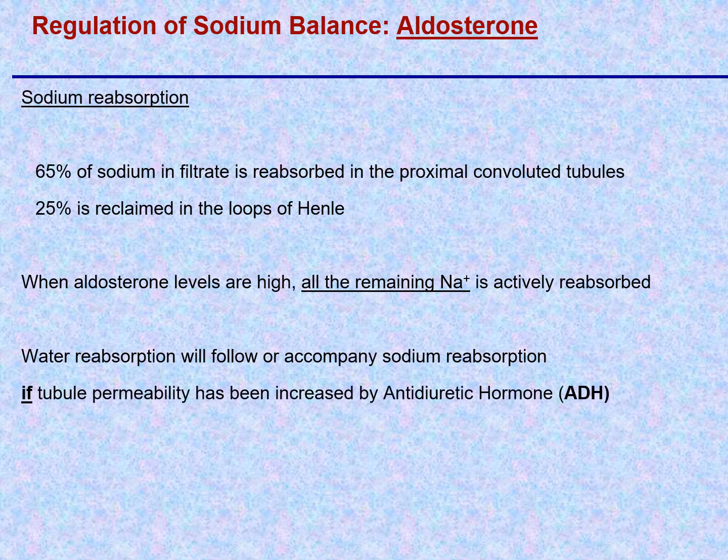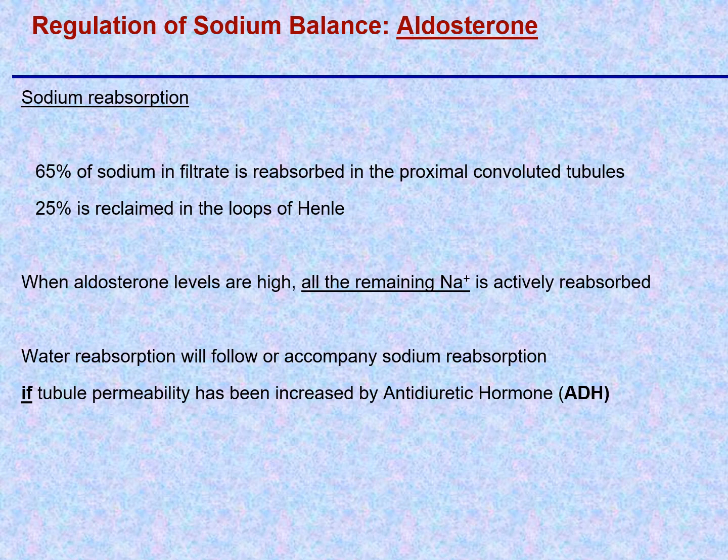Now, a major regulatory hormone in maintaining sodium balance is aldosterone, and it does that by causing sodium reabsorption in the kidneys. Most of the sodium that gets reabsorbed from the filtrate is reabsorbed in the proximal convoluted tubule.